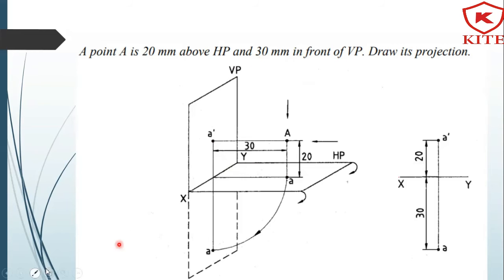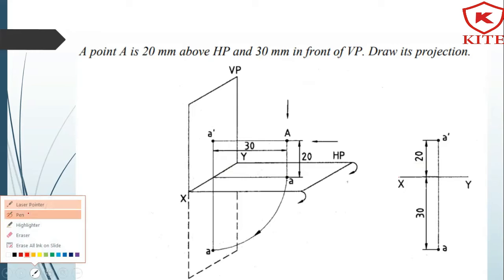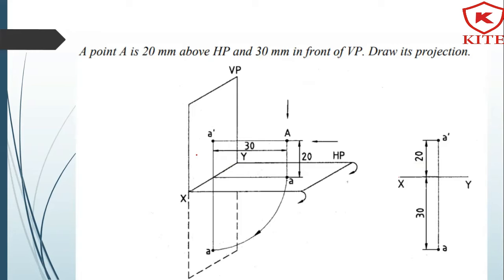So the H and D values are given: H equal to 20 and D equal to 30. So simply we draw this line. Here H equals 20 and D equals 30.